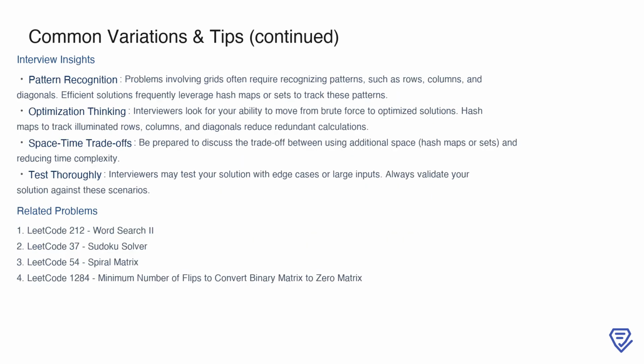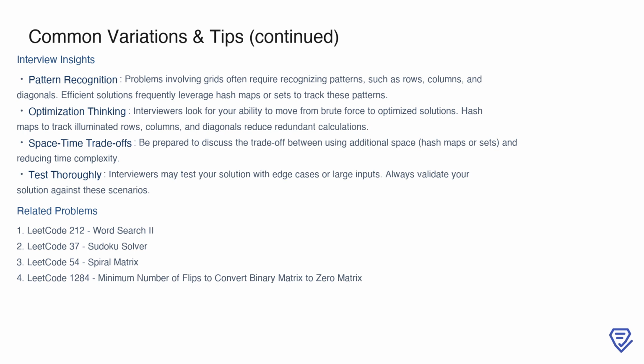To excel in interviews, it's important to recognize patterns in grid problems, such as rows, columns, and diagonals. Efficient solutions often rely on tools like hash maps or sets to track these patterns. Interviewers are typically looking for your ability to optimize beyond brute force methods. For instance, using hash maps to track illuminated areas significantly reduces redundant computations and improves efficiency.